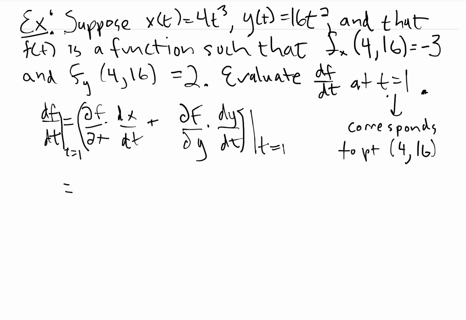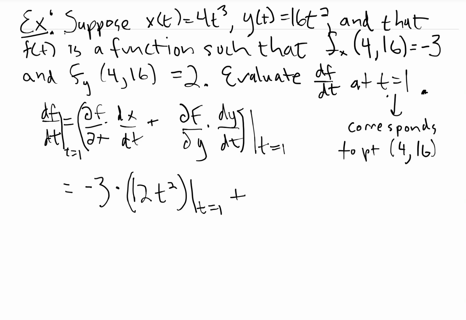So this is basically going to be this fx partial that I'm giving you guys here, minus 3. I need my derivative of x with respect to t. Well, this is actually a derivative that we can take. We're going to want 12t squared, but again, we are assuming that we're restricting this to t equals 1.